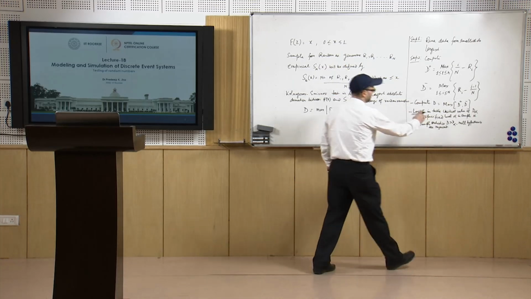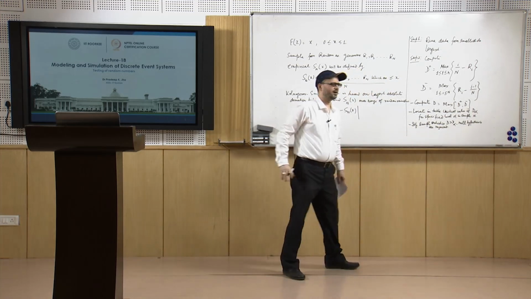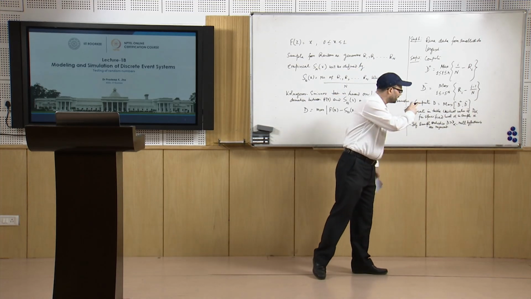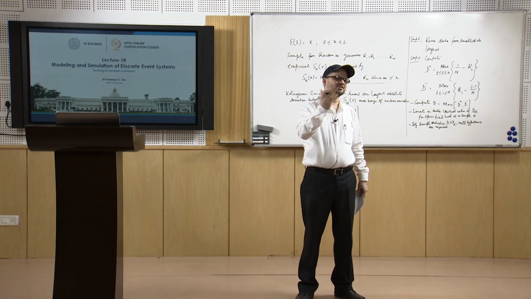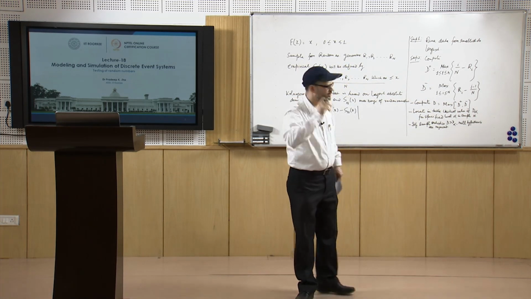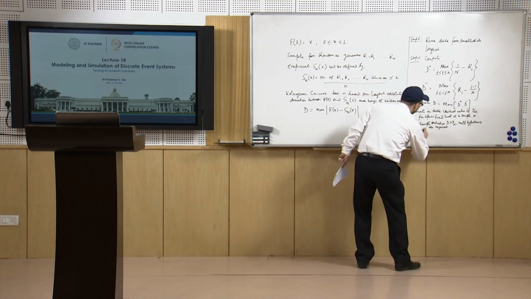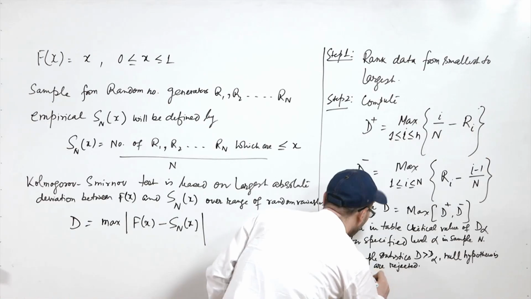So, if d is found to be more than d alpha, the sample which has been tested does not have the uniform distribution.